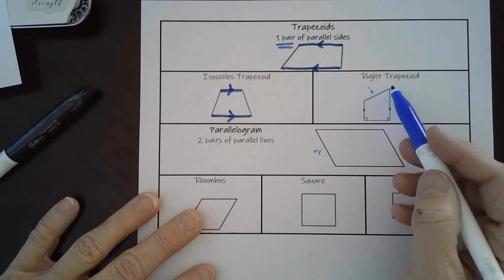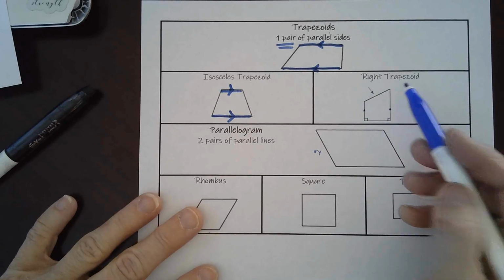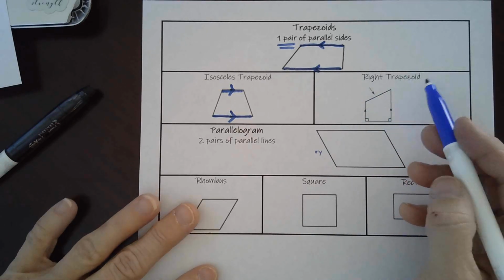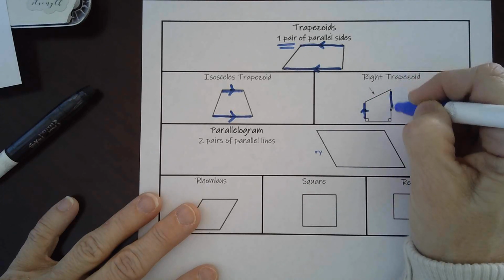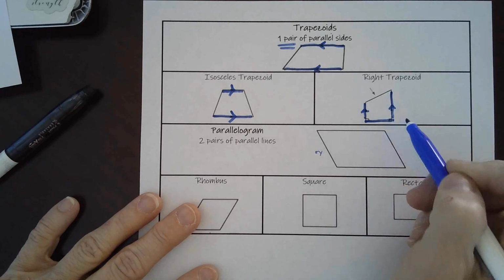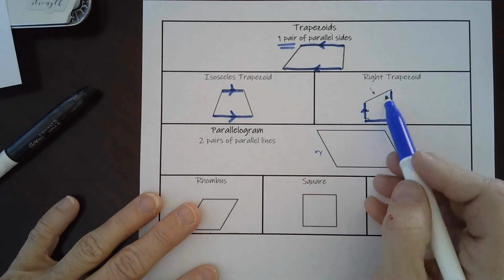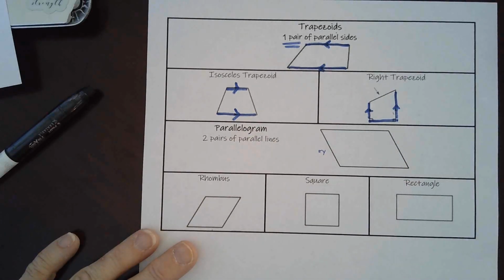This one, to me, is more obvious, and it is considered a right trapezoid because the parallel sides form a right angle with one of the additional sides.